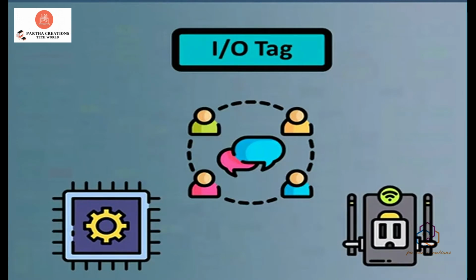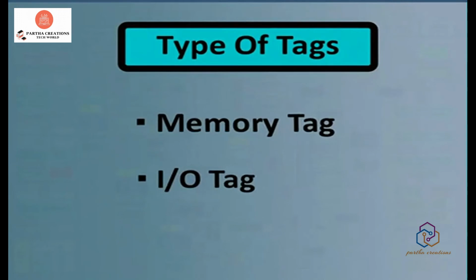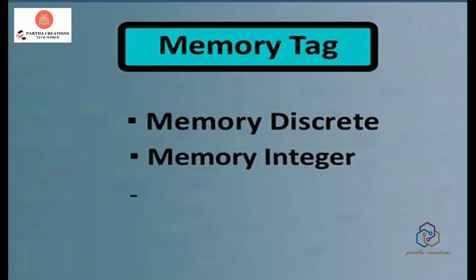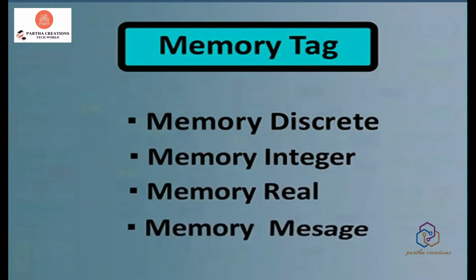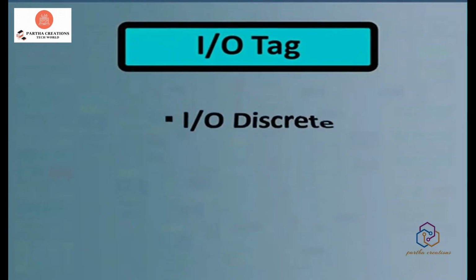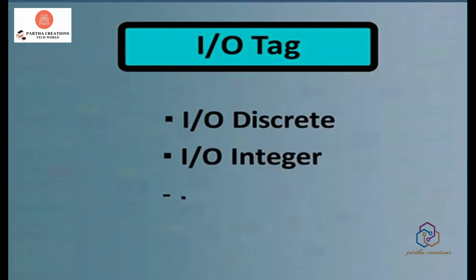Okay, clear? Now, again under these two tags, you will further find different types of tags. So if we talk about memory tag, then you will have memory discrete, memory integer, memory real, and memory message. Similarly, in IO tag, you will have IO discrete, IO integer, IO real, and IO message.